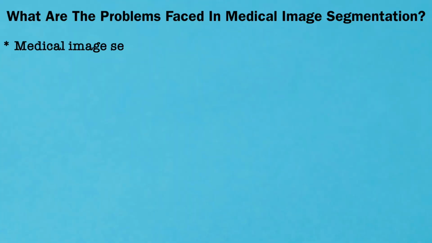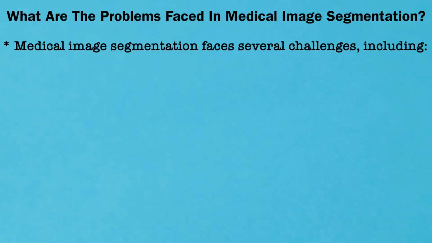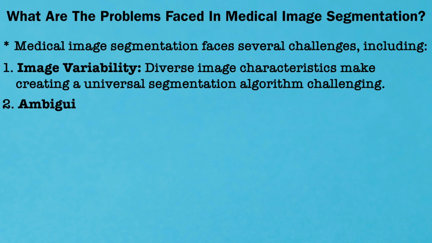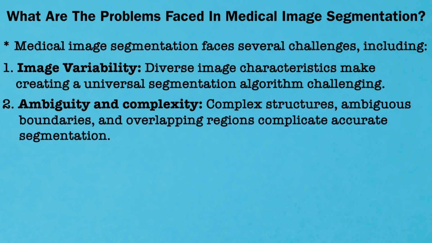What are the problems faced in medical image segmentation? Medical image segmentation faces several challenges, including image variability. Disparate image characteristics make creating a universal segmentation algorithm challenging. Then there is ambiguity and complexity.